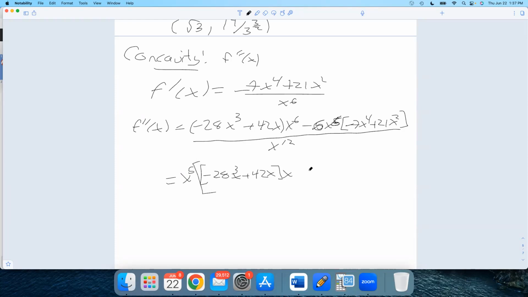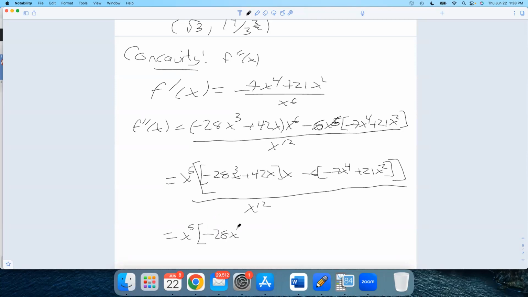I'm going to have an x left there and a -6 left here that I have to distribute. I got to be careful with my parentheses here. Okay, so I pulled out an x to the 5th, leaving an x behind there and a 6 there. So the x to the 5th is going to come along for the ride, distributing this x here, -28x to the 4th plus 42x squared. And now I'm going to distribute that 6.